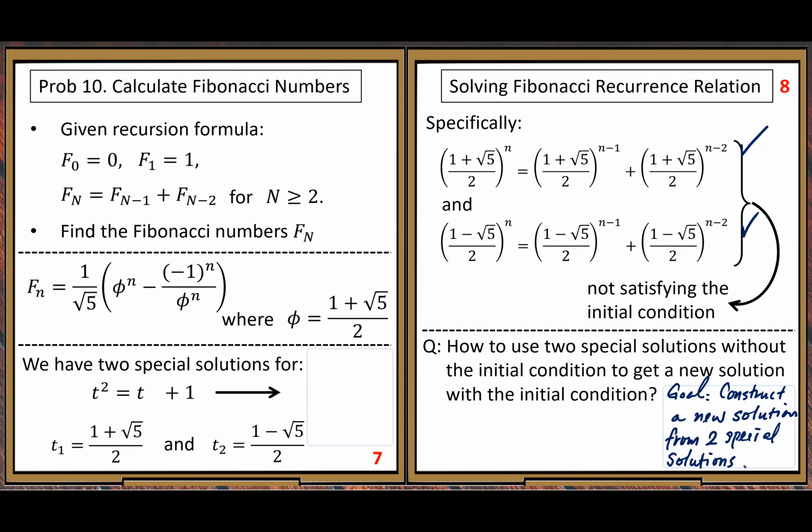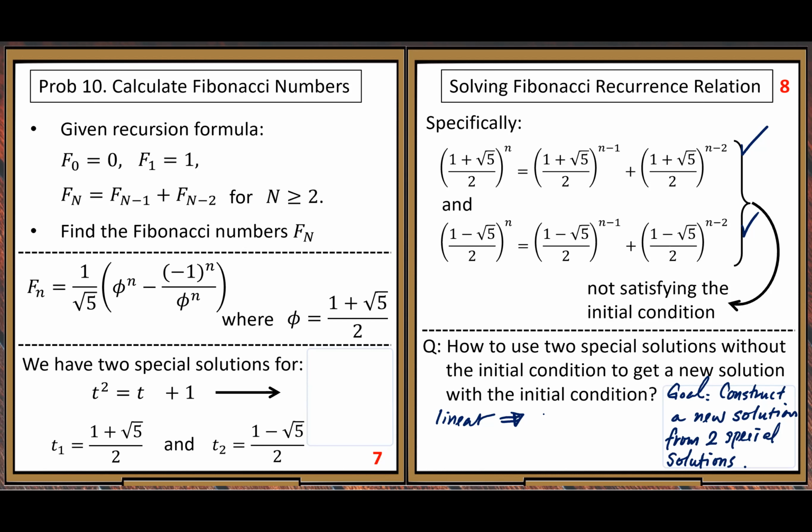Here, we just want to take advantage of one of them. Let me repeat that long name: second order linear homogeneous recurrence relation with constant coefficients. In that long name, there is one word called linear. This property is useful here.